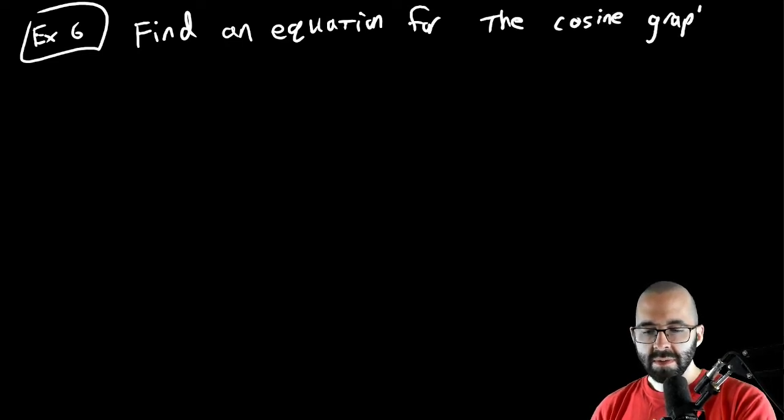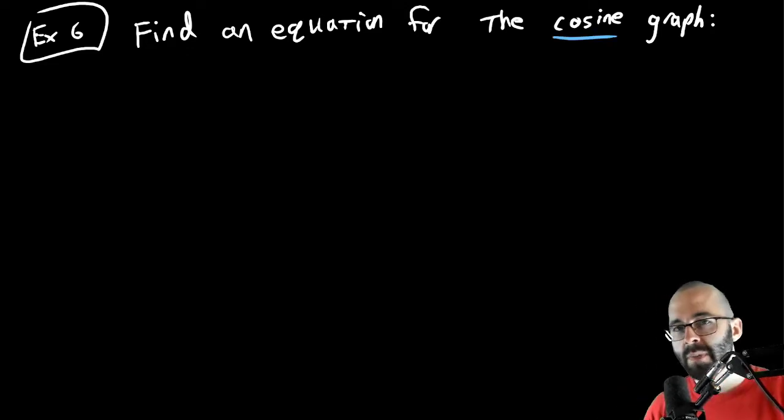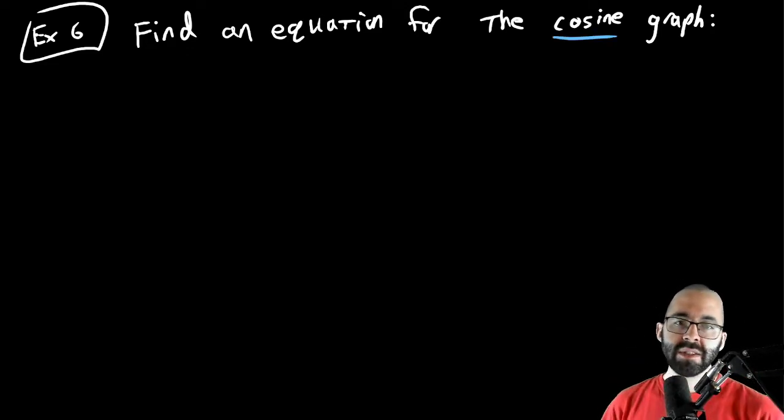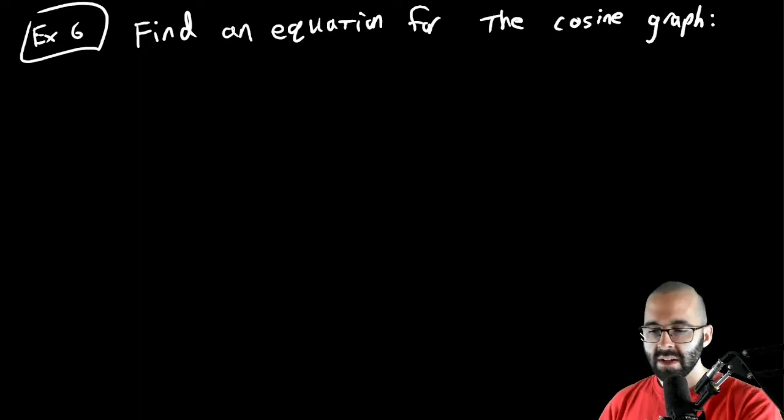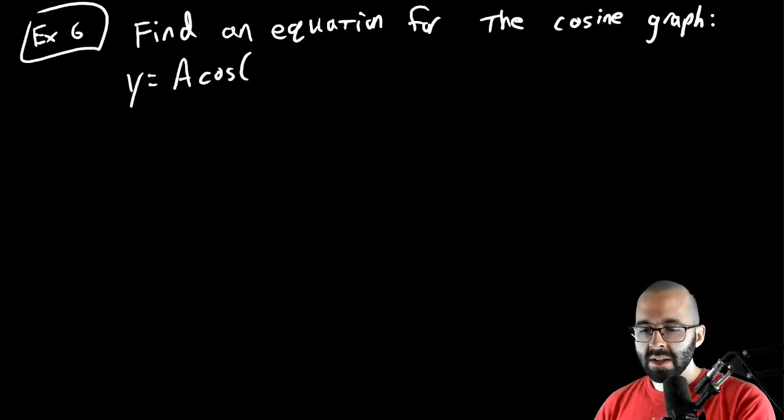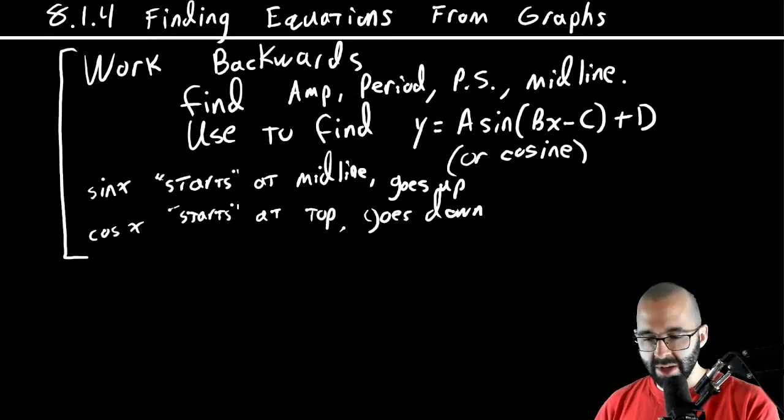So sometimes they'll specify here, right? They're specifying that they want you to find it specifically for cosine. So we're going to start by saying, okay, y equals a times cosine of bx minus c plus d. Please tell me I used minus back here. Great, I did it. Good job.